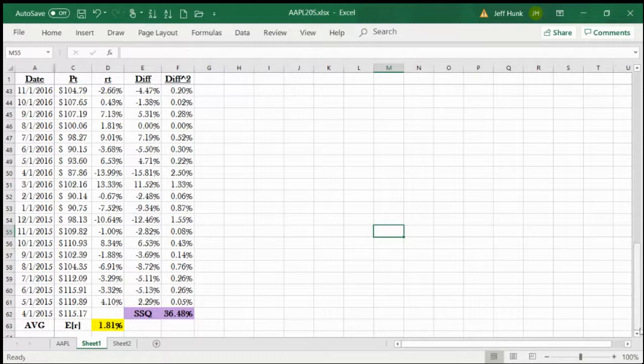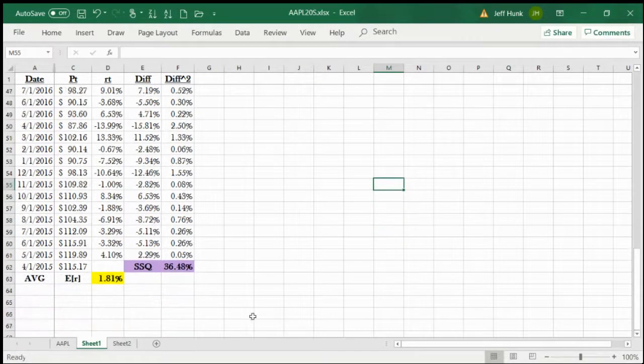So what is the next thing to do then? Since this is the sum of all the squared deviations, we want to divide it by the number of data points, because we want to find the average deviation. We know we have 60 data points, but just to make sure, I'm not going to enter 60 there.